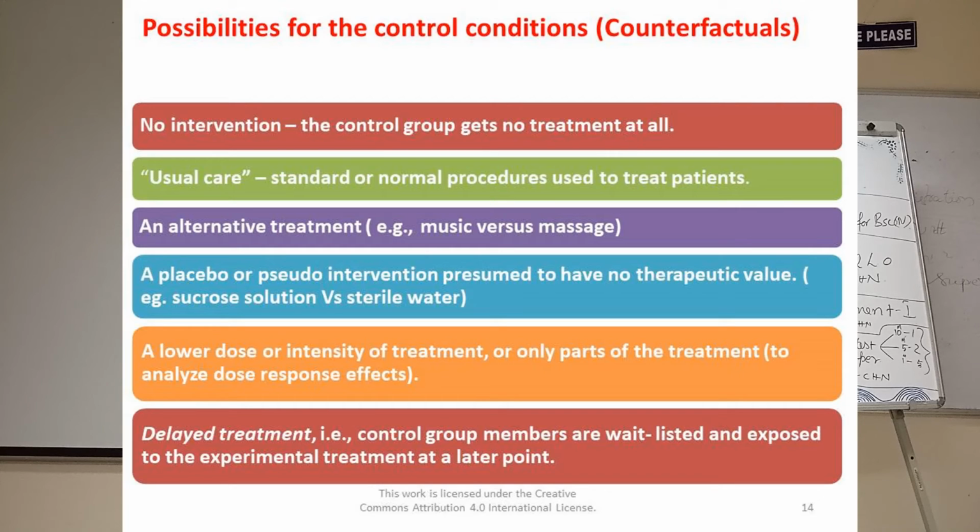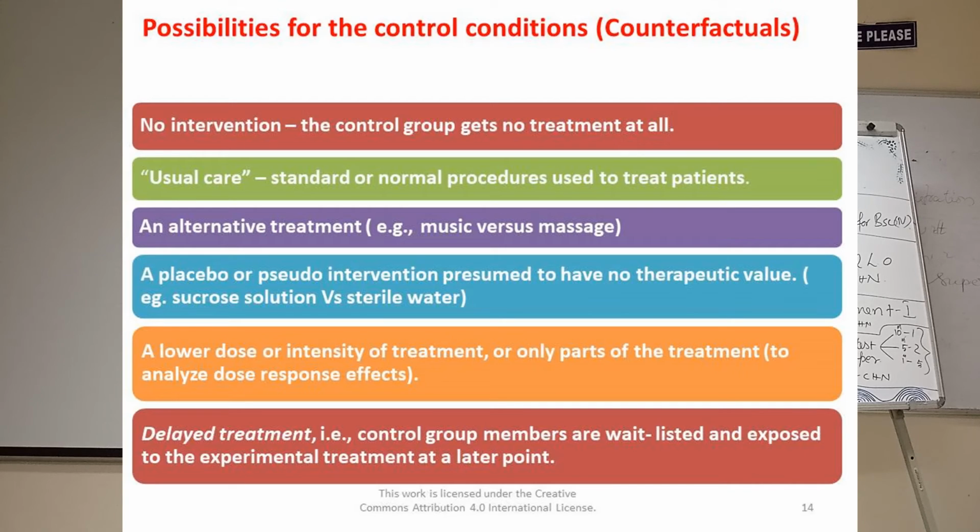So that can also be used as a control. Or else we can have an alternative treatment for the control group, where another treatment is given to the experimental group, and this alternative treatment acts as a control. For example, music therapy versus massage. When you give music therapy to the experimental group, a simple massage could be given to the control group subjects.